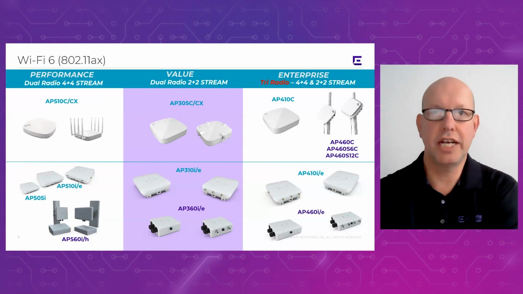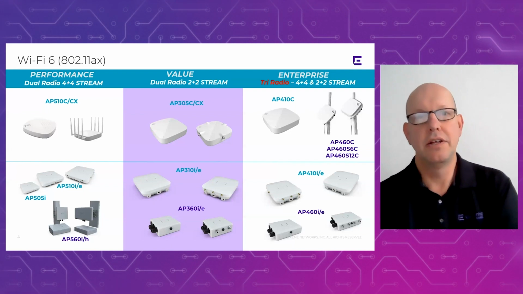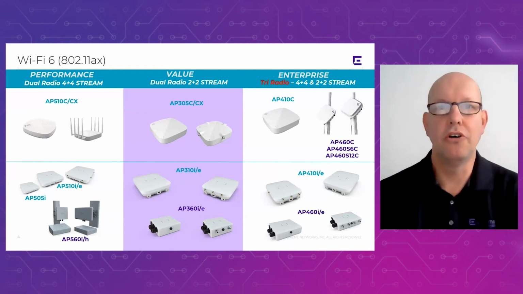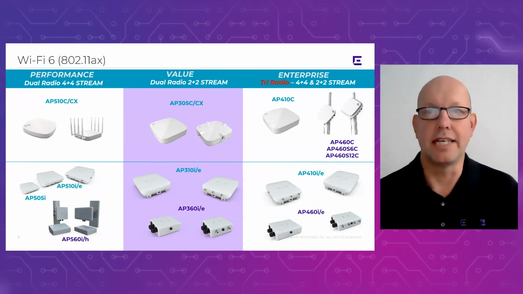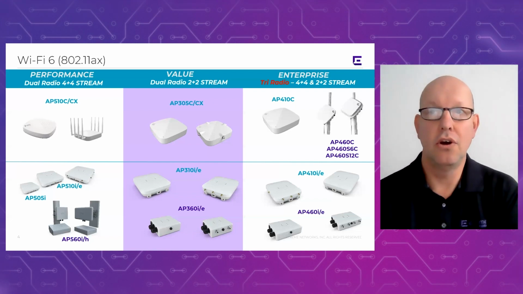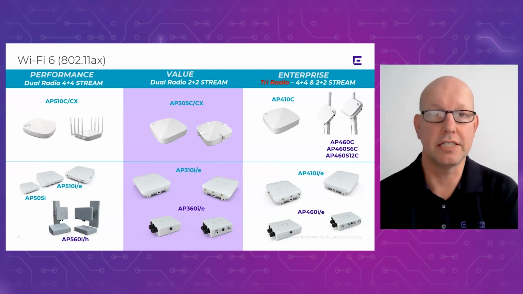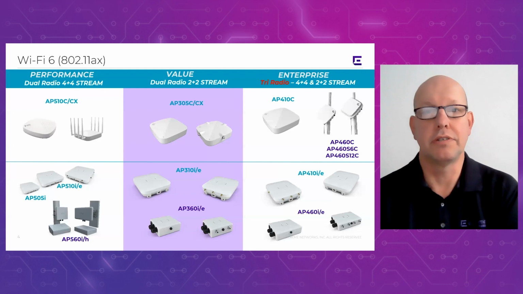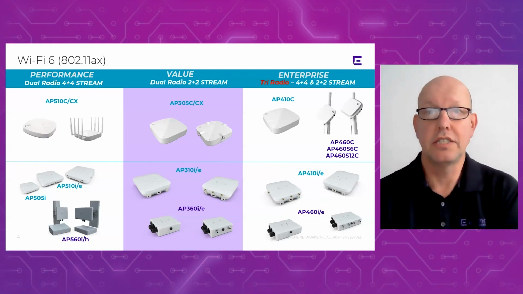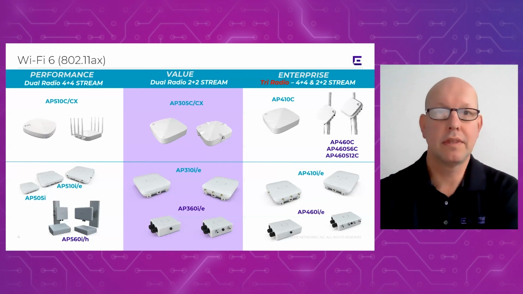Coming back on the differentiation of the access points based on operating systems, the cloud-based access points on the top half of the screen are recognized by the C for internal antennas or CX for external antennas. They run Hive OS. And the access points on the bottom half of the screen, recognized by an I for internal antennas or E for external antennas, run Wing 7.